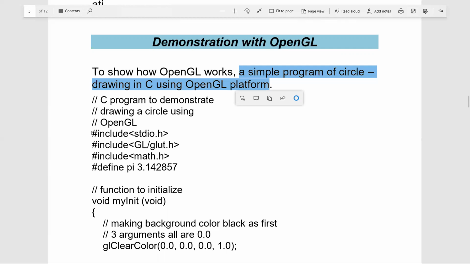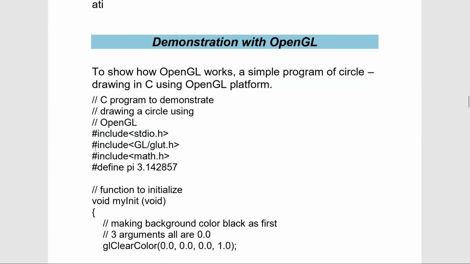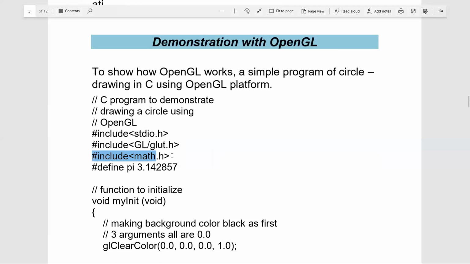The C program always has inclusions. So we are including the necessary header files, stdio.h, we are aware of. Here, especially, we are including glut.h, which is a part of GL, that is a graphics library, and it is followed by inclusion of math.h.